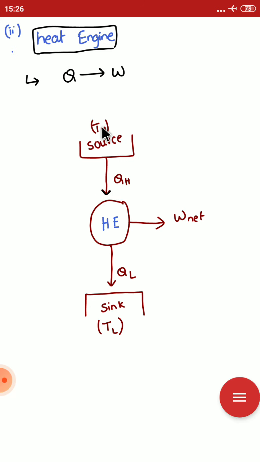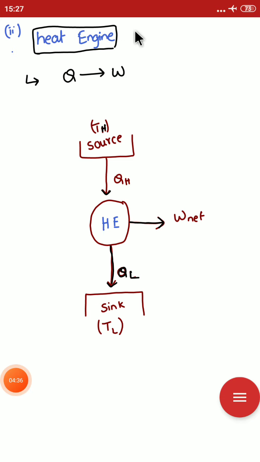Generally we take the high temperature body as the source and the low temperature body as the sink. The heat engine extracts energy from the source and converts part of it into work, and the rest of the energy, as heat loss, it leaves to the sink.